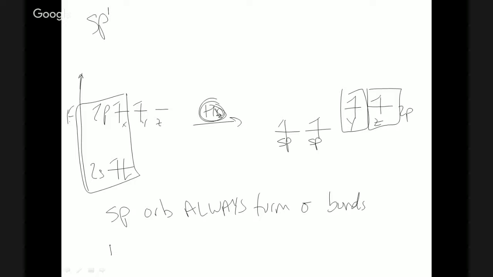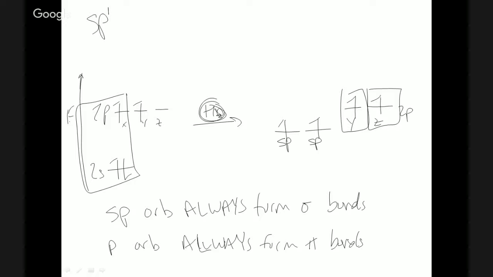P orbitals that are unhybridized or left over always form pi bonds.